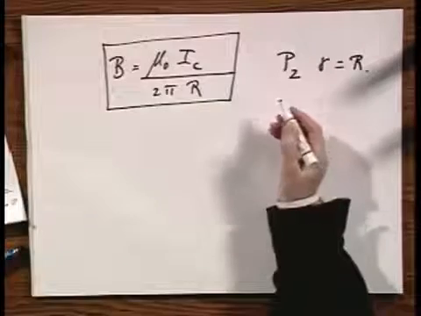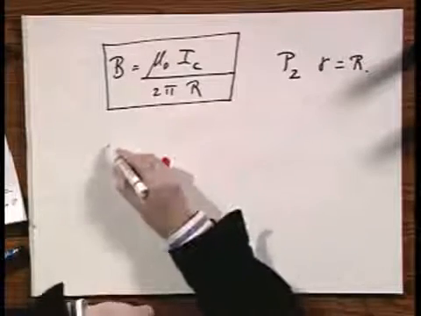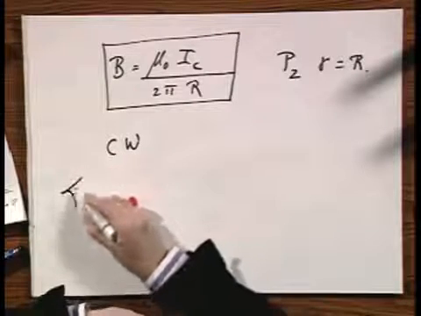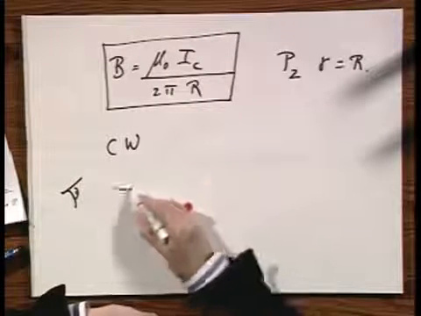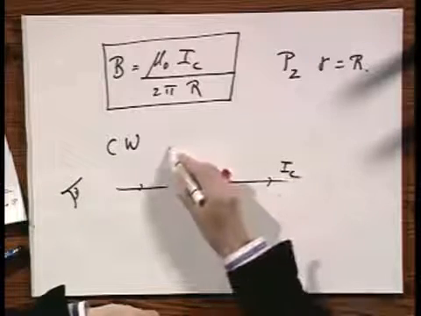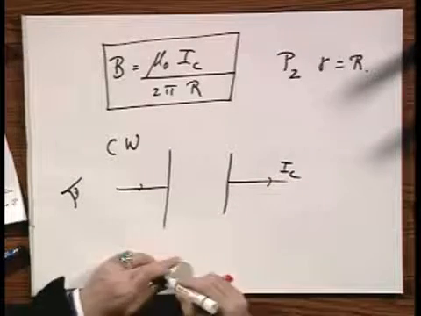The direction of the B fields in all three cases is clockwise when you look from the left and you see the current going away from you. And here are the capacitor plates.